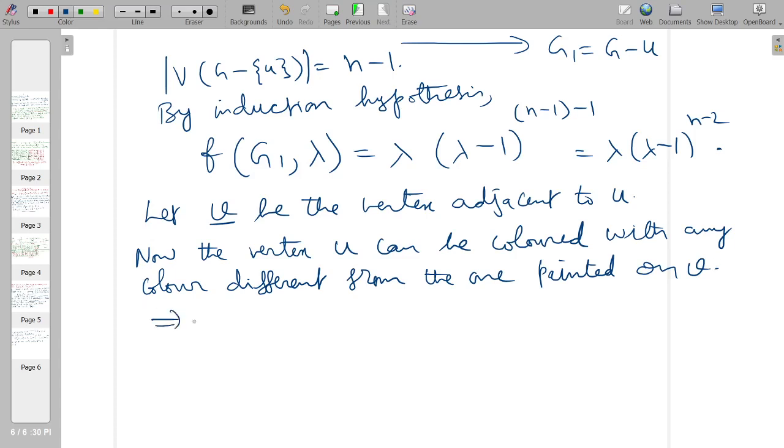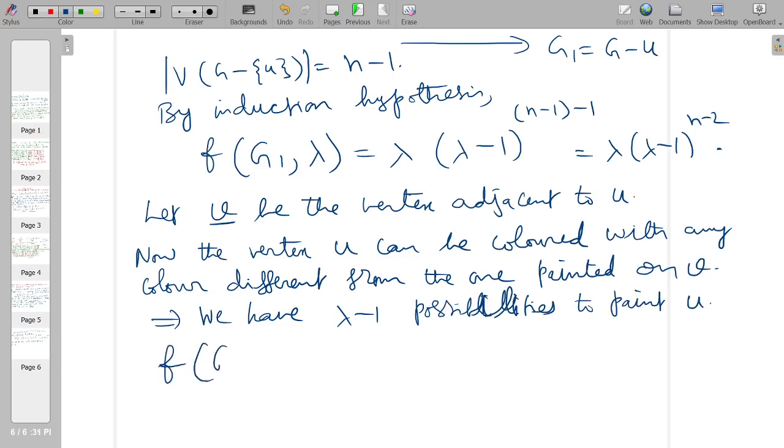So this implies we have lambda minus 1 possibilities to paint u.